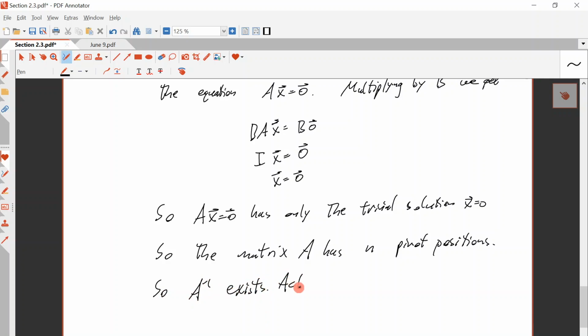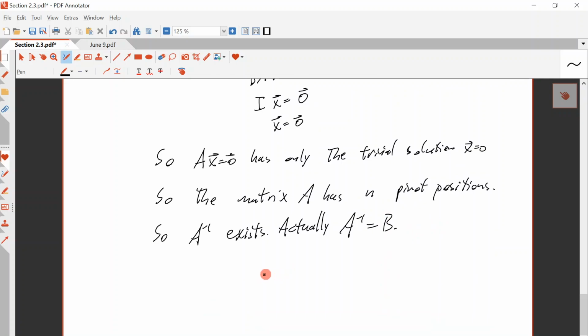Right? And actually A inverse will be equal to B. Right? Why?